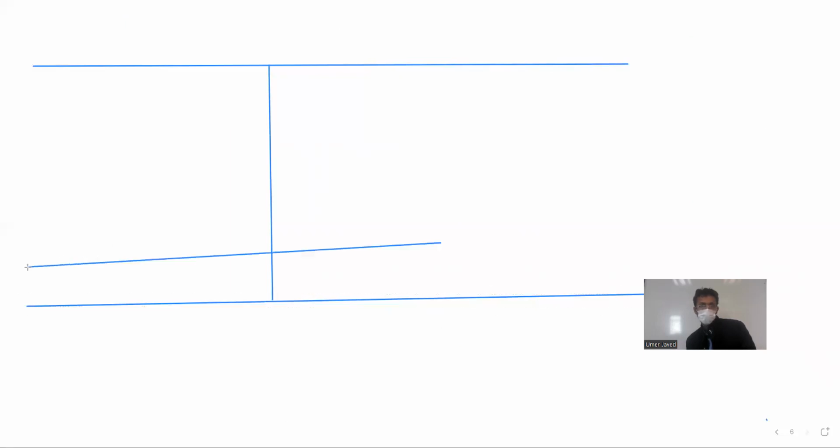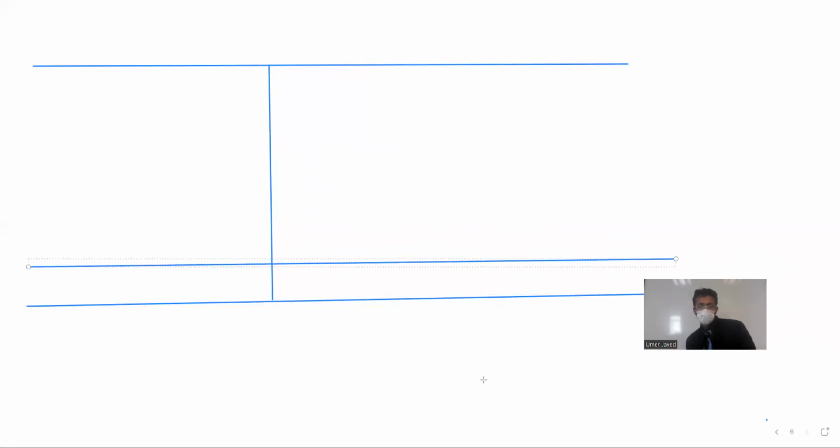Then I have, let me make this red line as my reference line. By the way, this is wrong. Sorry. Where is the neutral axis?